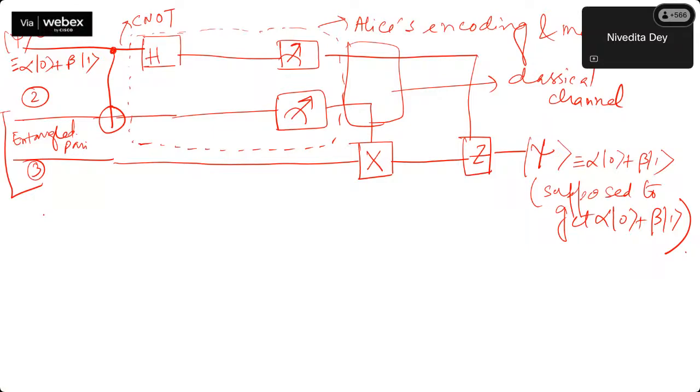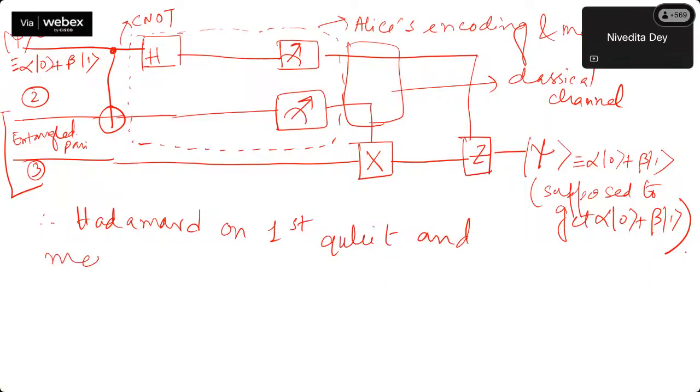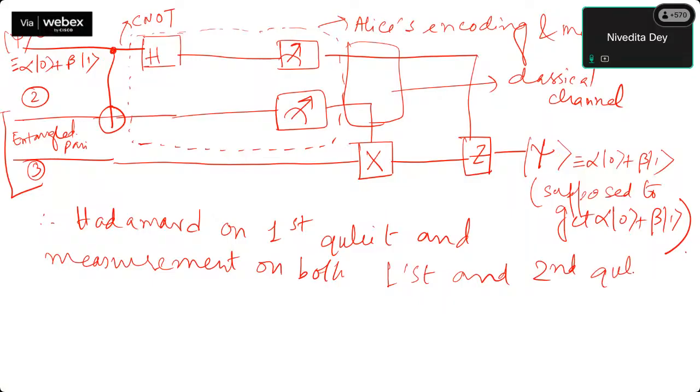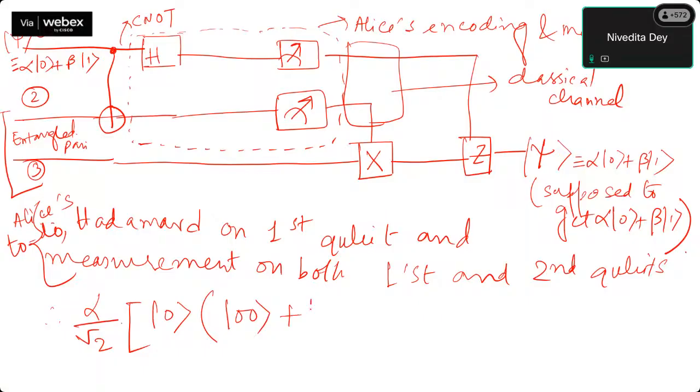Okay, so therefore, if we apply a Hadamard on the first qubit and a measurement on both the first and second qubit, which is a part of Alice's to-do, we are going to get alpha by root 2 times ket 0 into (00 plus 11).